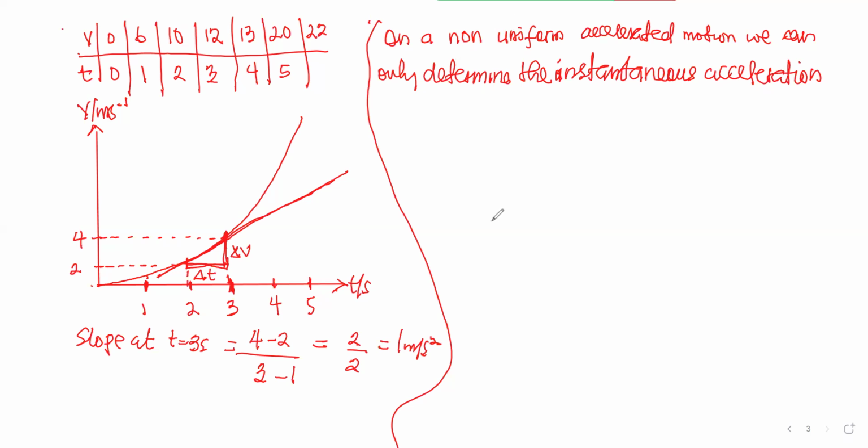Yes. All right. Then if the graph is like this, it's also a velocity-time graph. What does it mean?